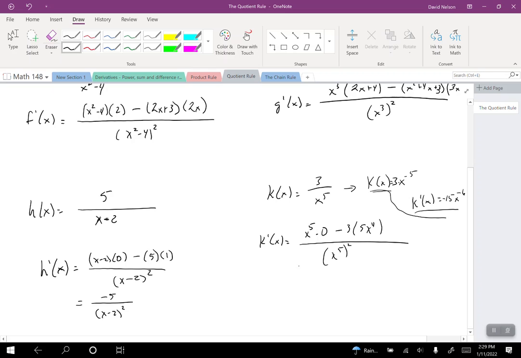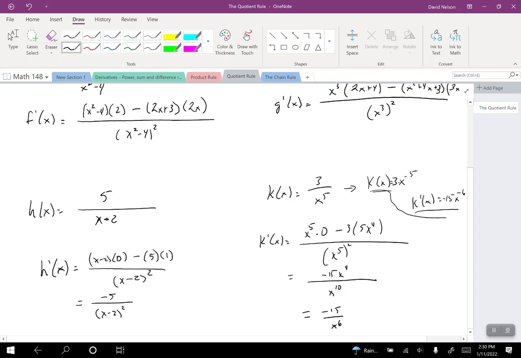And really this is the exact same thing. 5x to the 5th times 0 is 0, and so you're going to get a negative 3 times 5, negative 15x to the 4th. And on the bottom, when you raise powers to powers, you multiply those exponents. It's x to the 10th. It's an x to the 5th times an x to the 5th, so it's 10 x's all multiplied together. And of course, you can reduce that down to an x to the 6th on the bottom.